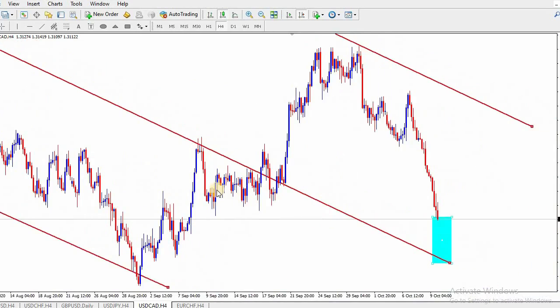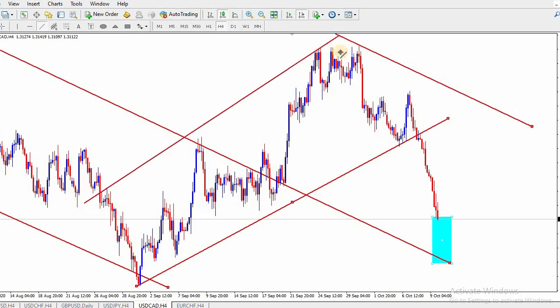So these are always my mini trend lines. Probably it should be enough.